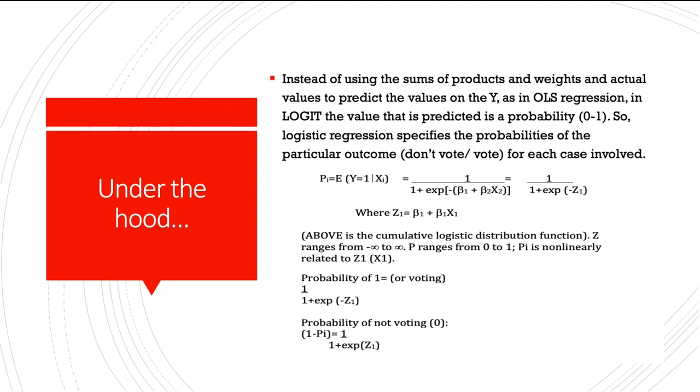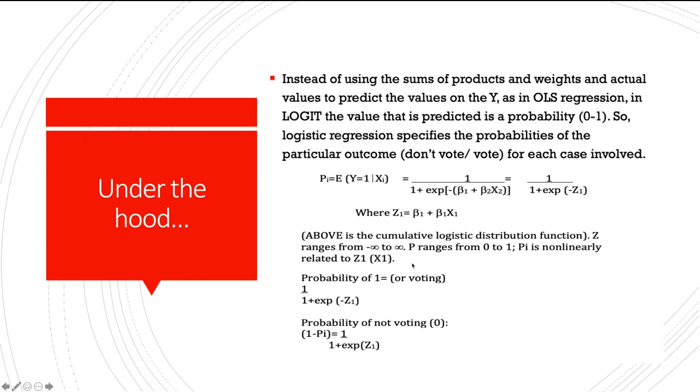So for instance, here we're looking at the probability of a 1 occurring or voting, which looks like 1 over 1 plus the exponent of negative z1. Z1 is located here. Looks similar to your regression equation, very similar.